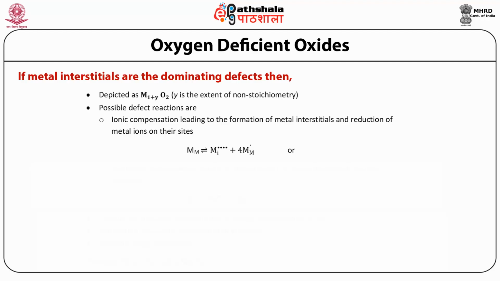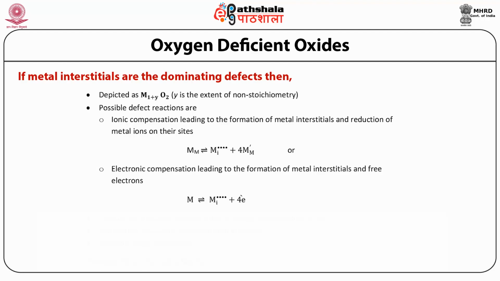The next possibility is electronic compensation leading to the formation of metal interstitials and free electrons, where the reaction is M gives M_i double star plus 4 electrons. So here the 4 electrons are there.